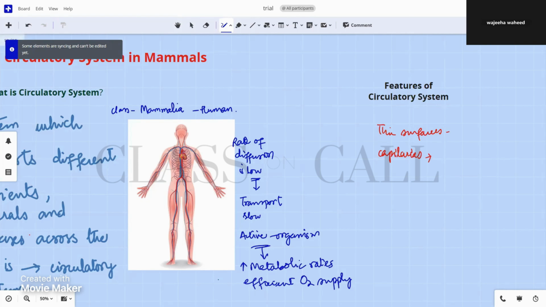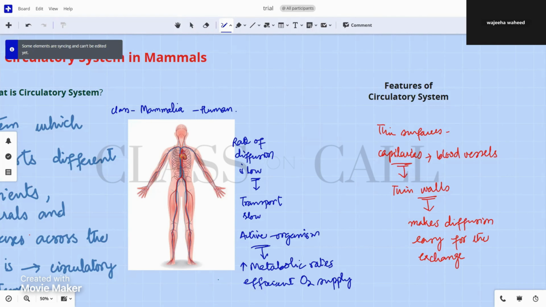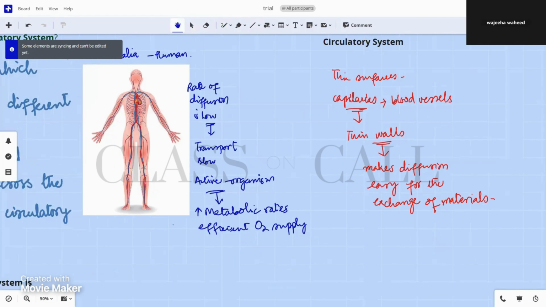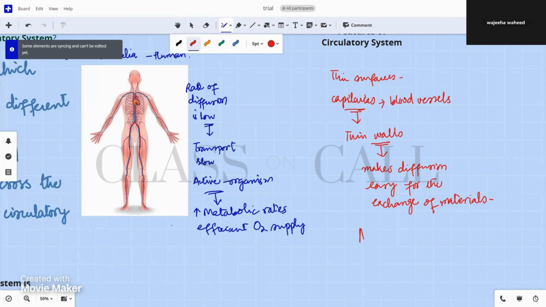These are one of the three types of blood vessels, and they have very, very thin walls, which makes diffusion very easy for the exchange of materials. Moreover, another component which has a thin surface in the circulatory system is the alveoli in the lung.